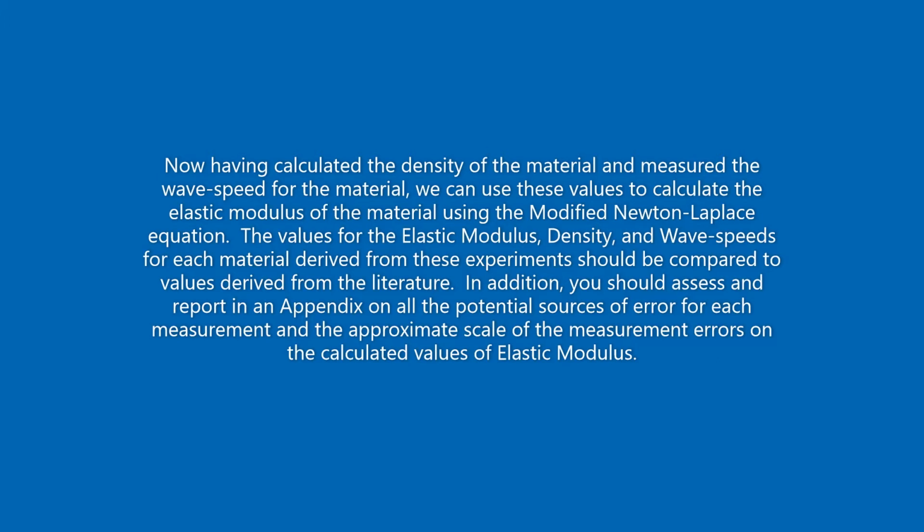In addition, you should assess and report on all the potential sources of error for each measurement and the approximate scale of the measurement errors on the calculated values of the elastic modulus.